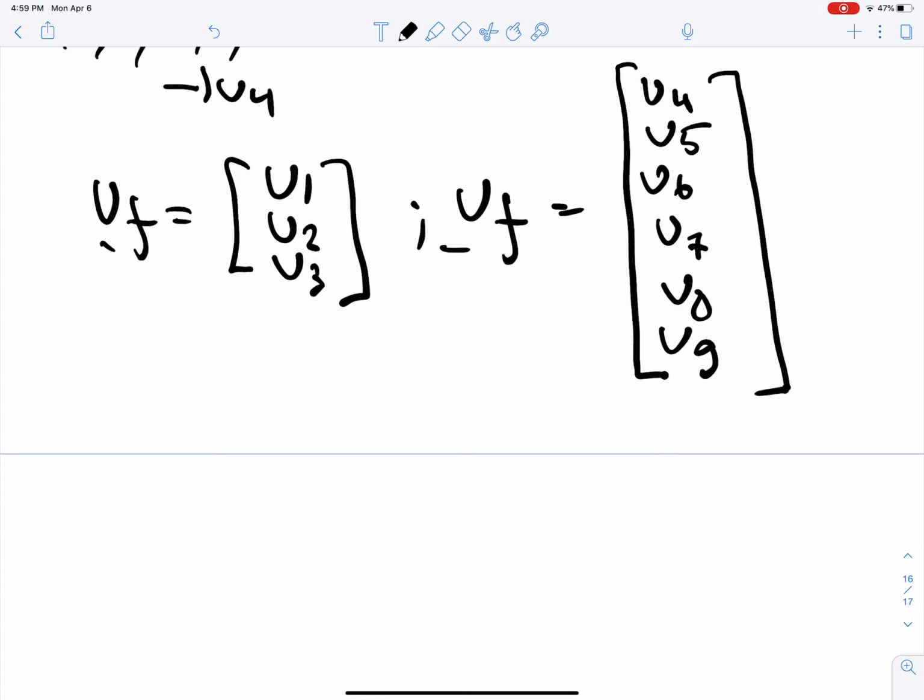Good. So as the next step, we're going to develop our stiffness matrix, KFF. We go element by element.